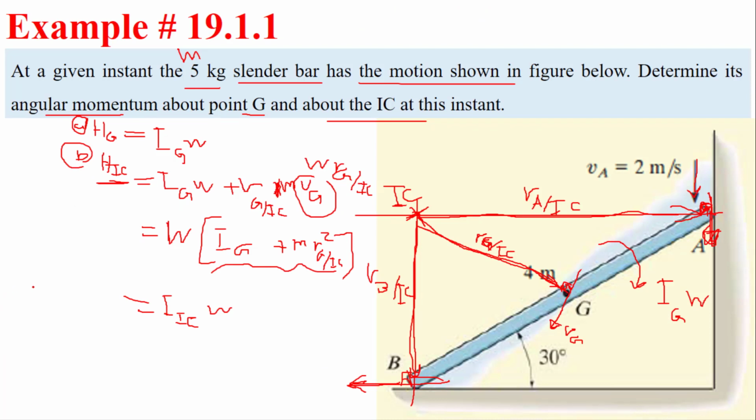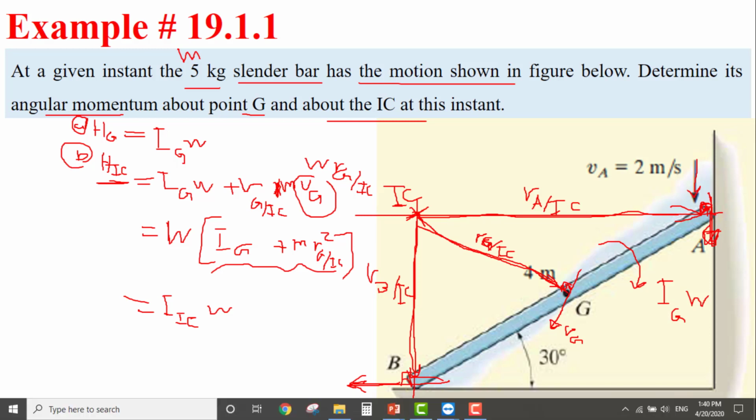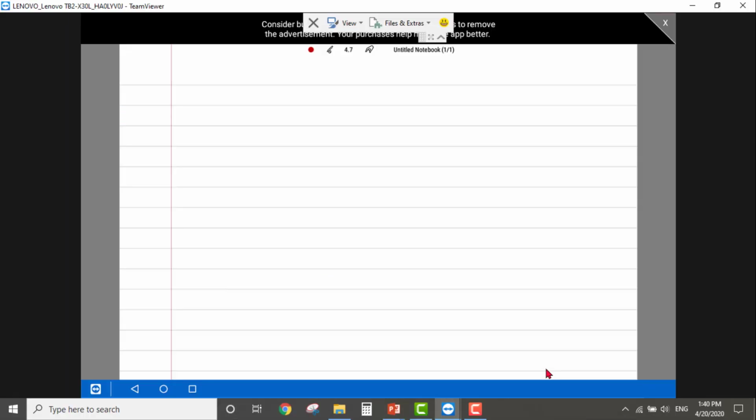Then, this is the big picture. Let us try to solve this problem step by step on the solving board. So here is the solving board, and this is the rod that we have. This point is called A, and this point is called B. This point will move in this direction, and this point has known velocity.